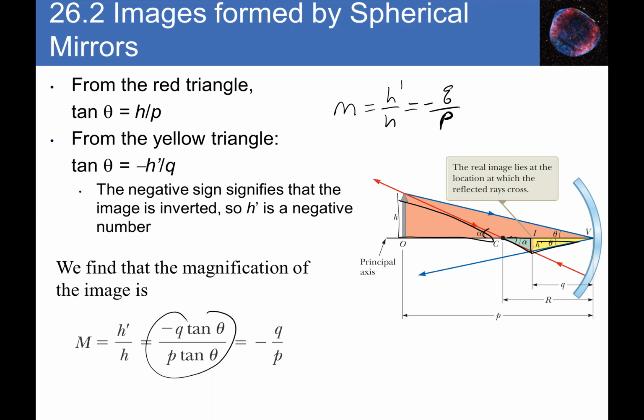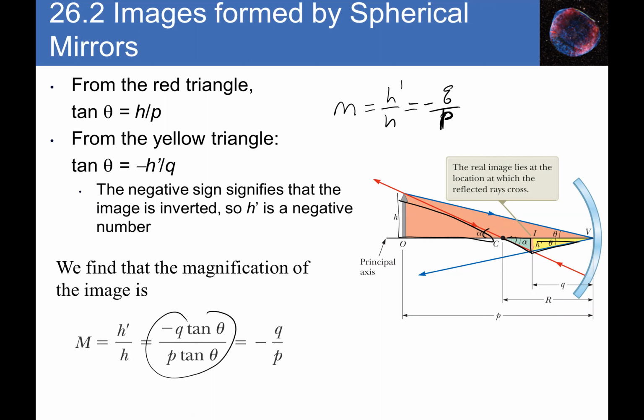That means magnification is also the ratio of the image distance over the object distance, but with a negative sign, because in this case the image is upside down. So magnification now has two equations: one in terms of the ratio of the heights, the other in terms of the negative of the ratio of the distances. It's going to be a very useful equation that we will see later on.